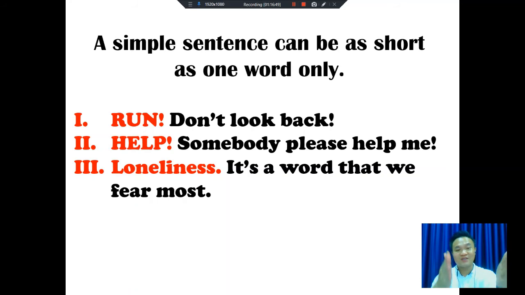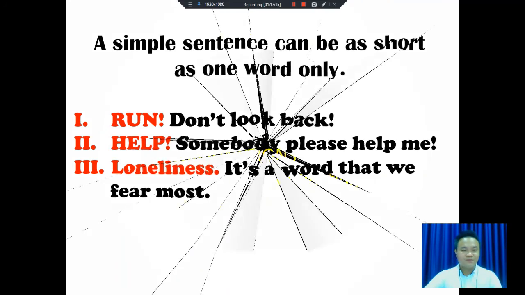Compare the sentences just now with the ones on this slide, and you see the sentence length. Here, only one word. Just now, a few words. This is what is meant by sentence length. The marker will try to see whether the SPM candidate is able to perform this in their essay. So you can include this as well in your writing technique.